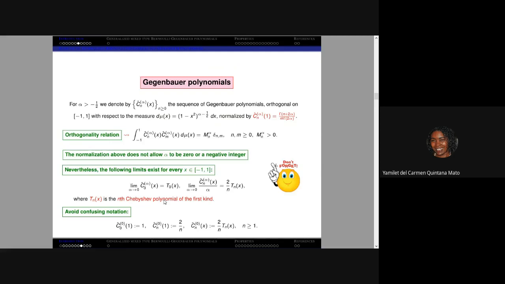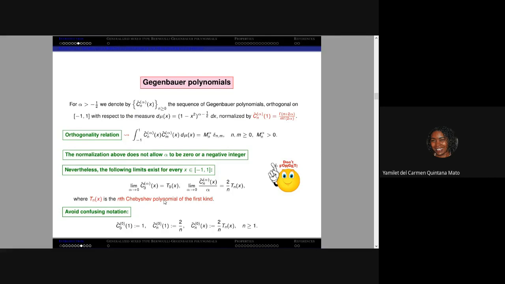We know the orthogonality relation. Our normalization does not allow alpha to be zero or a negative integer.